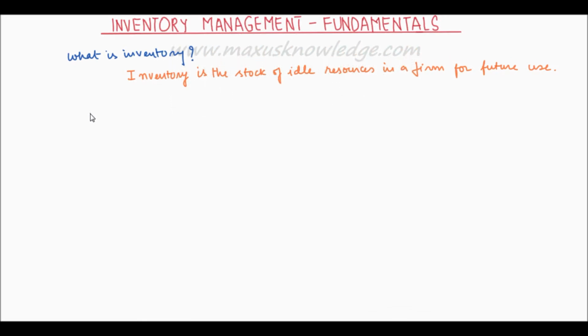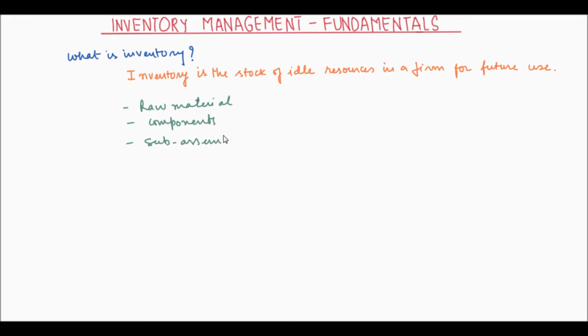In a typical manufacturing organization, the inventory can be, let's say, raw material, components, sub-assemblies, semi-finished goods, this is also known as work in progress, and it can also be finished goods.